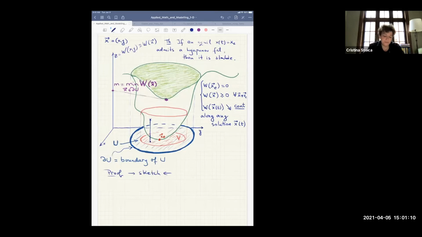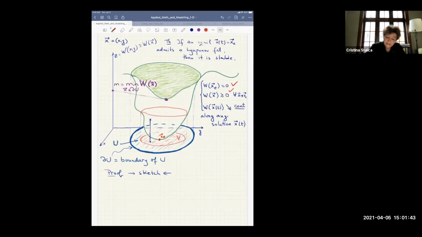I'm putting on purpose the vector symbol on top, so you'll know that I'm talking about a vector with two components. So what do we know? We know that there is a function that is zero in the equilibrium. Here it is, the zero. I'll start with red. So it's zero in the equilibrium, and greater than or equal to zero when we're around the equilibrium, in a neighborhood.